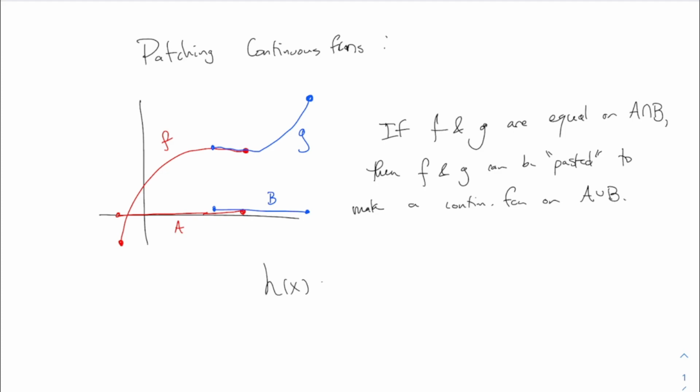This is the kind of thing that annoys calculus students, but the way you would write this is: it's f of x if x is in A, and it's g of x if x is in B. That's how you would write the definition of the big function that you get after patching them together.